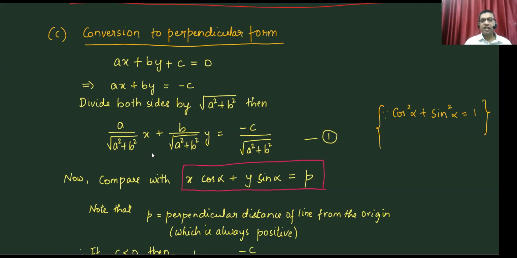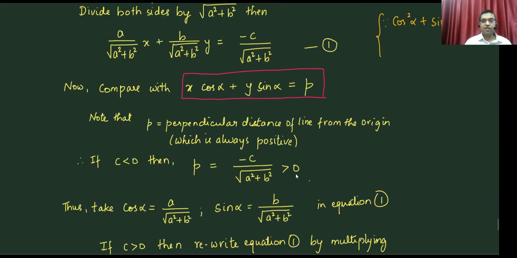But there is one catch. In this equation, x cos alpha plus y sin alpha equal to p, p should always be positive. So now look at this equation 1. If c is negative, then this right hand term, minus c, will be positive.